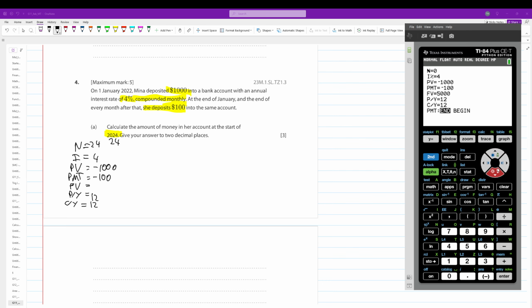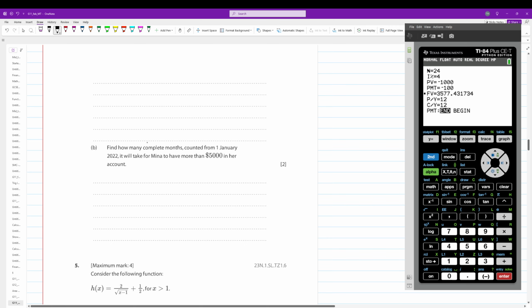You can already see it. My future value should be 0, and my number of compounds should be 24. Everything else is the same as is in the question. So using this, I can now solve for my future value, which is 3,577. Solved for. I like to put an arrow here so the examiner knows what part of this did I do the solving for and what bit did I just write down from the question.